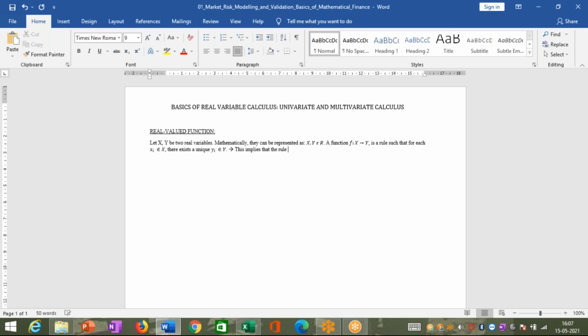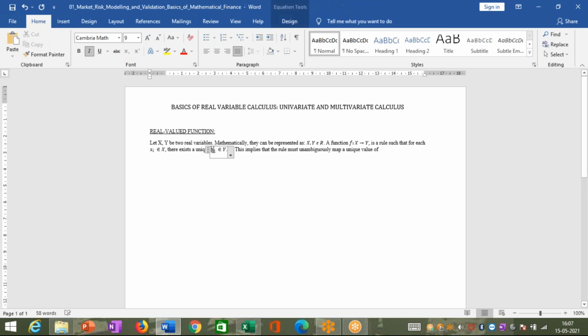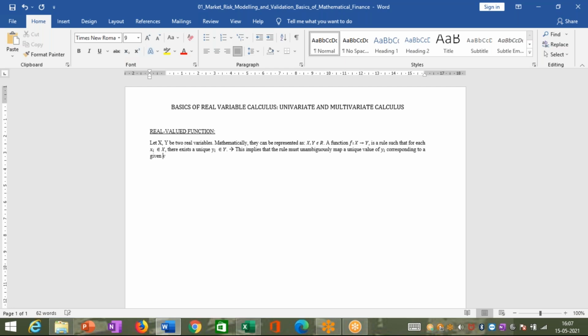the rule must unambiguously map a unique value of y, a unique value of yi corresponding to a given value of xi.